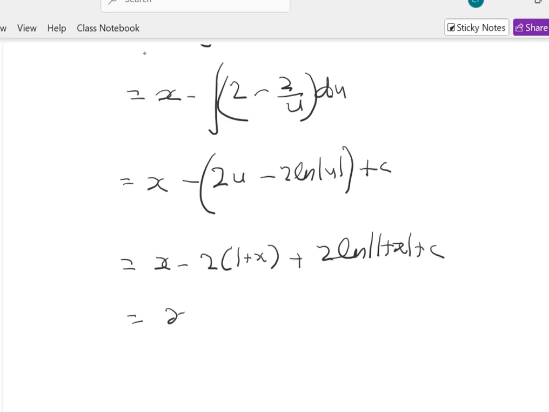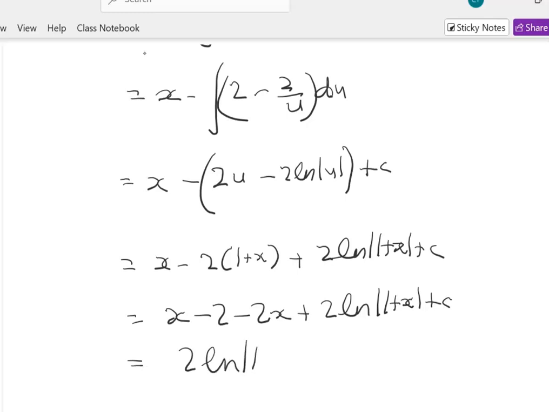So that gives me x minus 2 minus 2x plus 2 ln of 1 plus x plus c. And that gets me to 2 ln of 1 plus x minus 2 plus c.